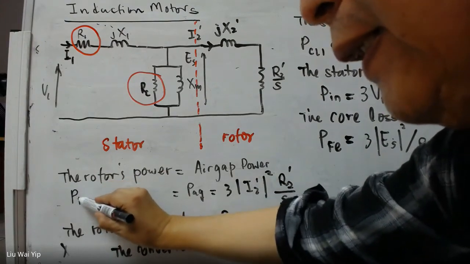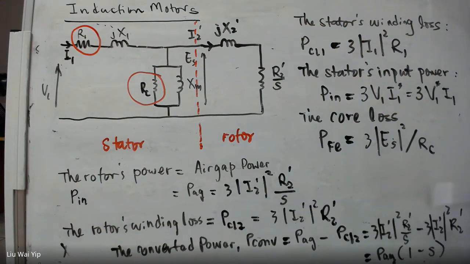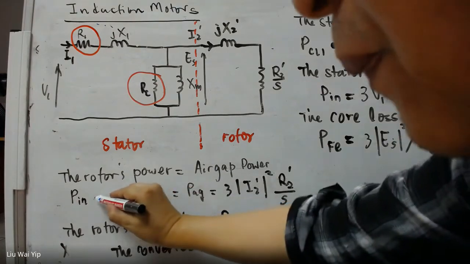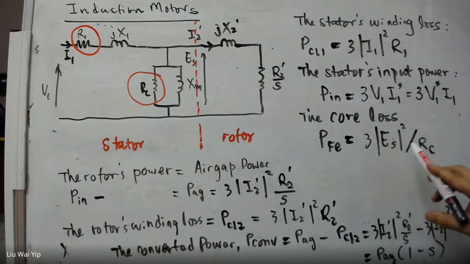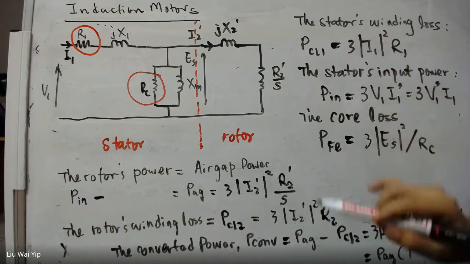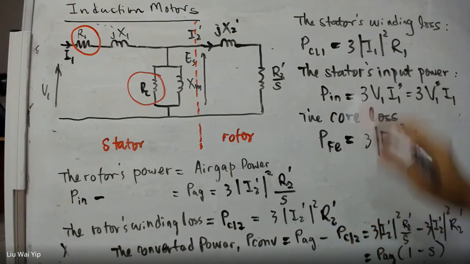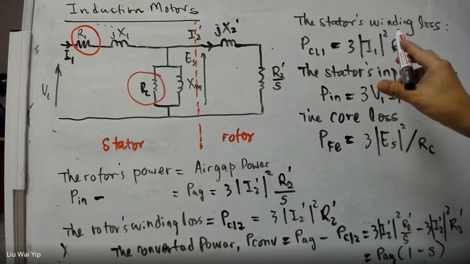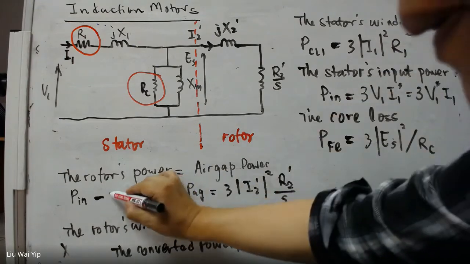P in is given by this equation minus the core loss and the winding loss.